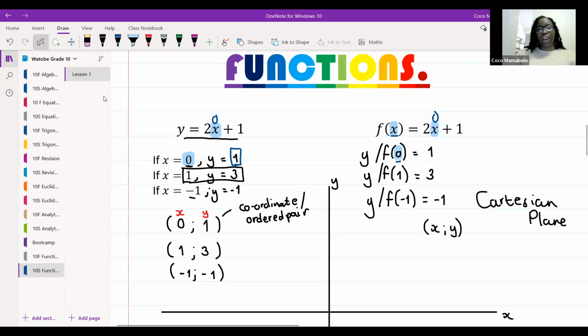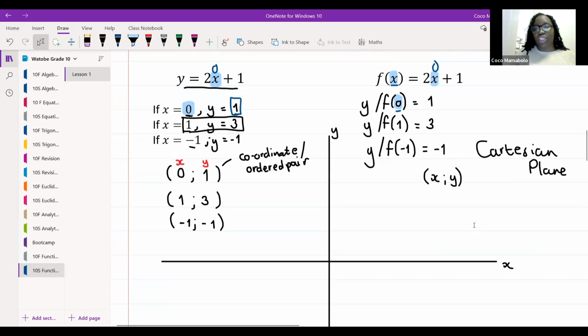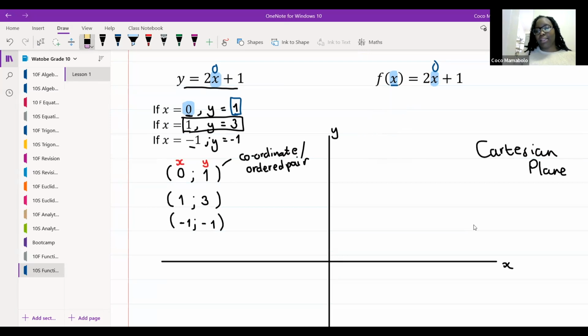Excellent, beautiful stuff. All right, so what we're going to do next, guys, is plot this on the Cartesian plane. If we look at the Cartesian plane over here, we're going to look at our x and y values as number lines. Now, if this is the 0 of my number line, and this is my x value, all the numbers over here are going to be my negative x values.